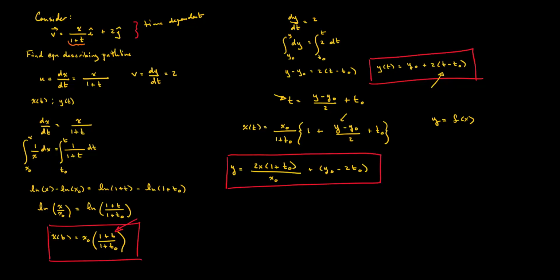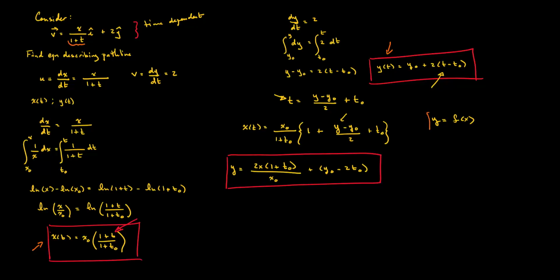And as we can see, this is much more geometrically useful than our parametric expressions for y of t and x of t. The reason being that it is not very clear what this path looks like from those.